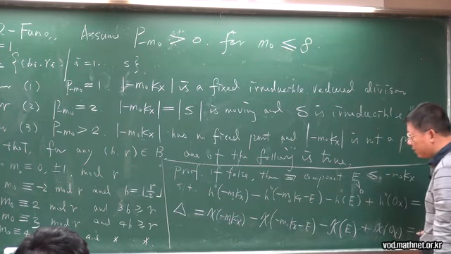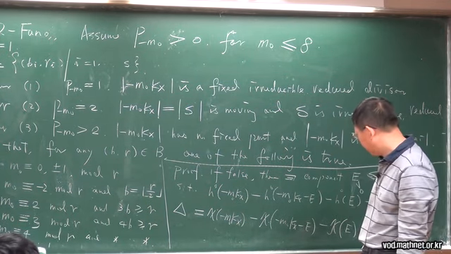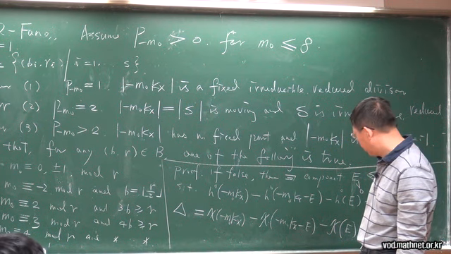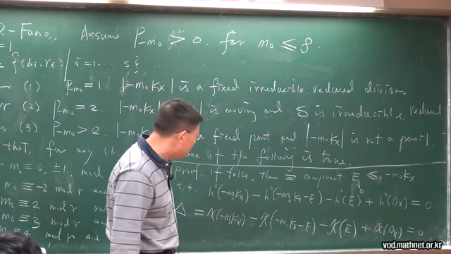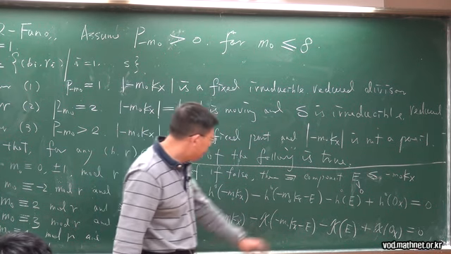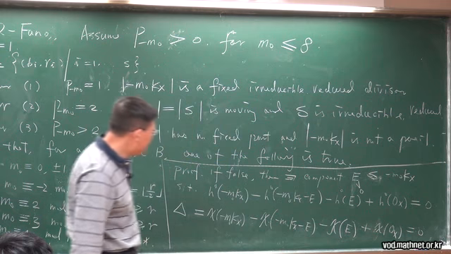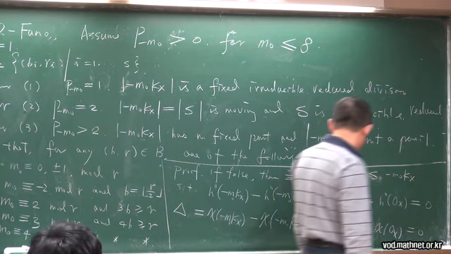Therefore, we have this. Maybe just consider the exact sequence from minus m_0 K_X minus E to minus m K_X, and then restrict to E. But this E is not necessarily smooth. Yeah, but you can just restrict to E. Yes.